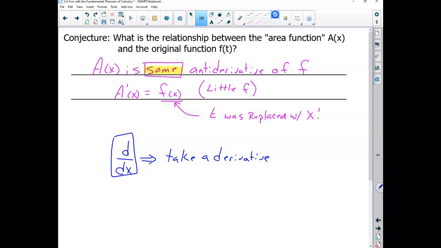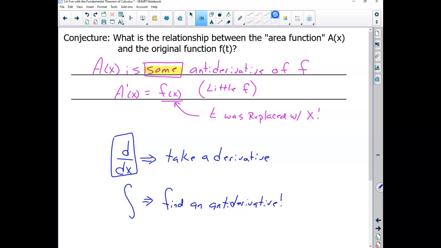Well, this is a new command. This command tells us to find an antiderivative.